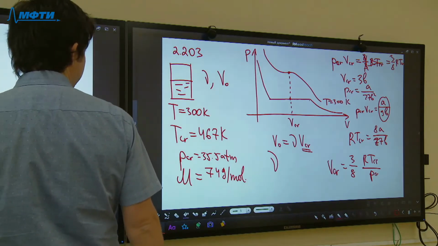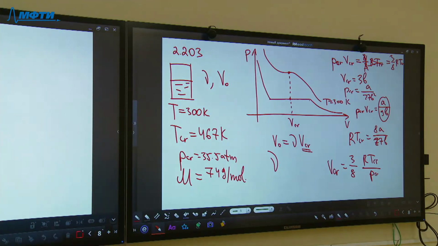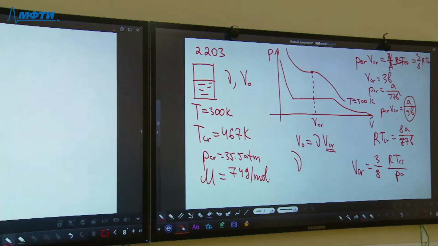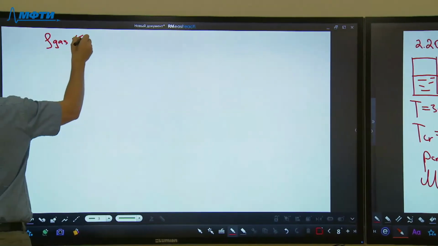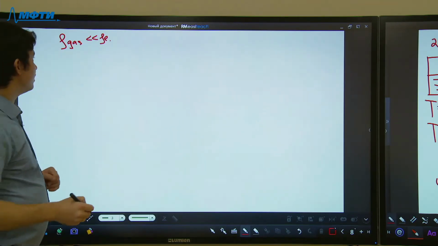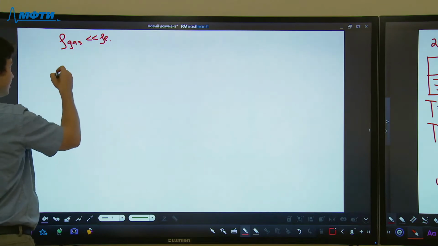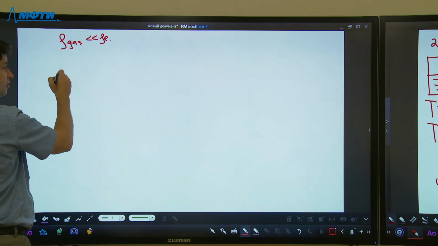Well, in this case, I think we need to assume that far from the critical point, for example at room temperature, the density of gas is much lower than the density of liquid. And we can even calculate the volume occupied by liquid in this case. So we can calculate it as follows.